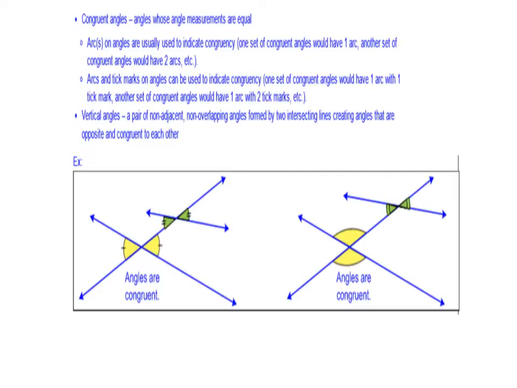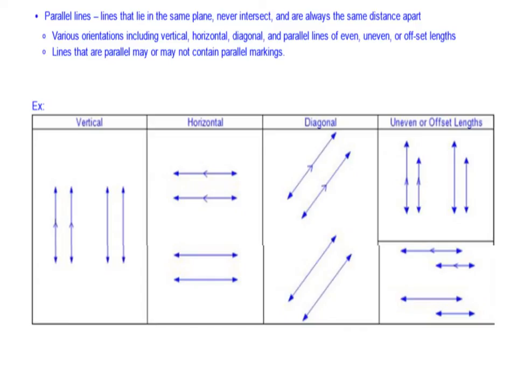Also here, notice these have two tick marks or two arcs. Okay. Vertical angles, well, we just talked about vertical angles, so let's move a little further.